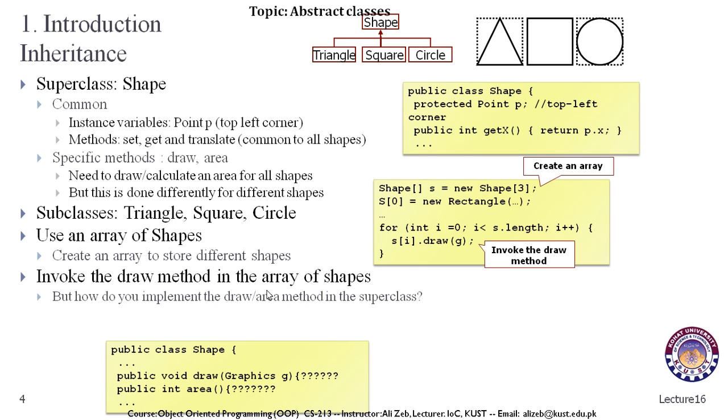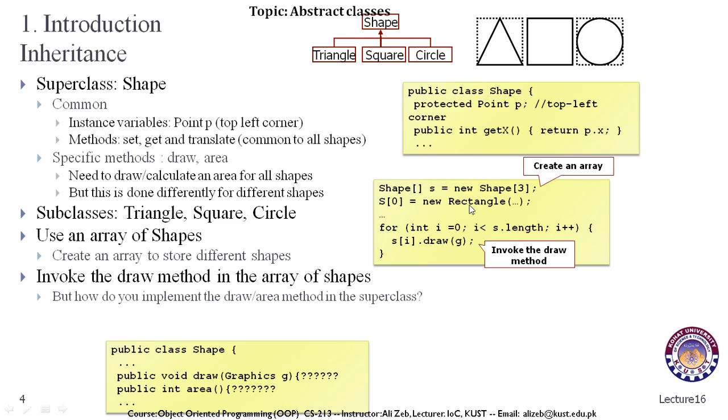But how do you implement the draw or area method in the superclass? Again, the question remains the same. What shape will be drawn if we call the draw method that has been declared in the superclass using this object that has been initialized using a reference to the superclass?